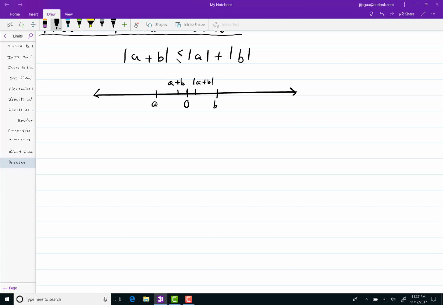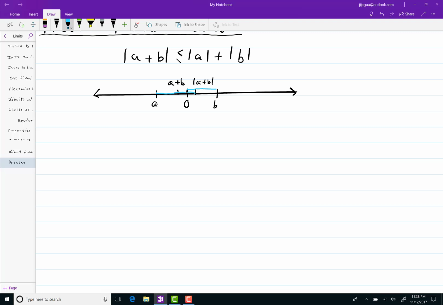So this little amount here, let me use blue to illustrate it, would be the absolute value of a plus b. Now, the absolute value of a is the distance from a to 0, and the absolute value of b is the distance from b to 0. Clearly, the absolute value of a plus the absolute value of b is bigger than the absolute value of a plus b.